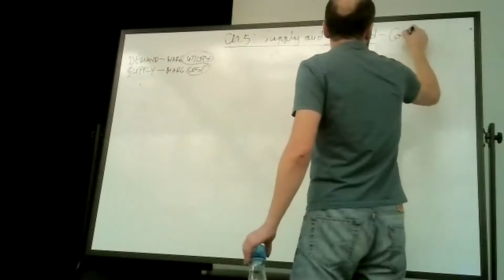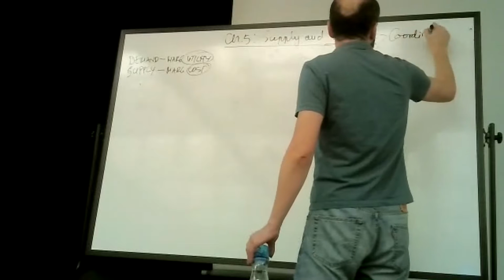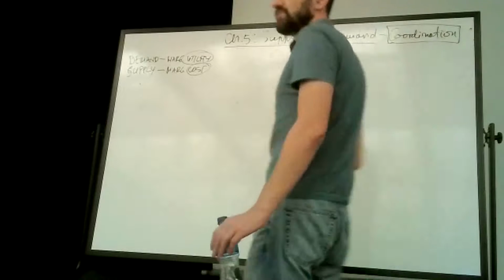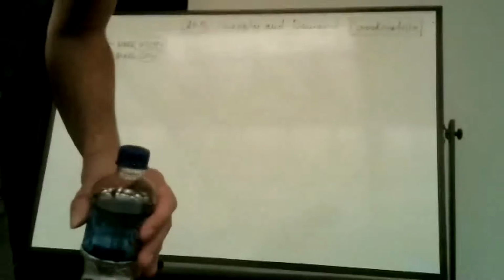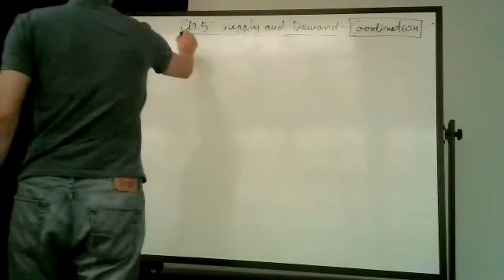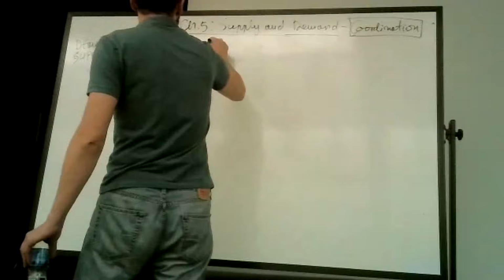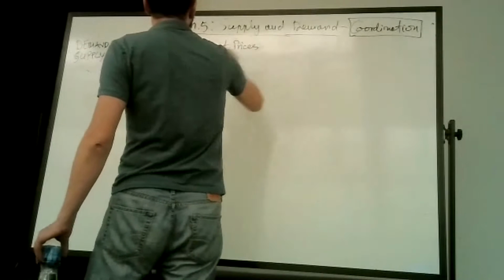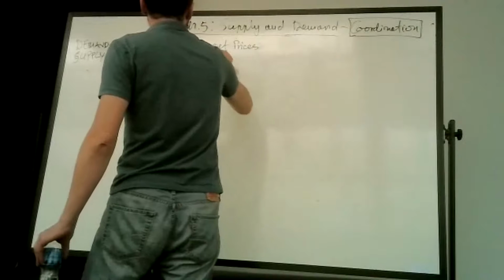Today, we're going to try and understand the process of coordination of supply and demand. This is one of the key problems in the whole of economic theory in general. How supply and demand come together to make market prices and market equilibrium.